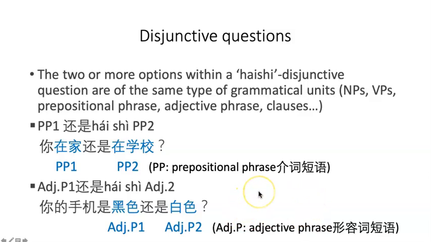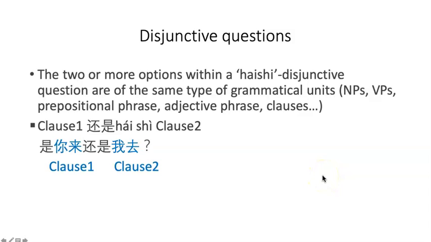So these are some instances of the grammatical units that are connected by 还是. There's another type, which is clause. 是你来还是我去? 你来 is a clause with a subject and predicate. 我去 is also a clause with a subject 我 and predicate 去.